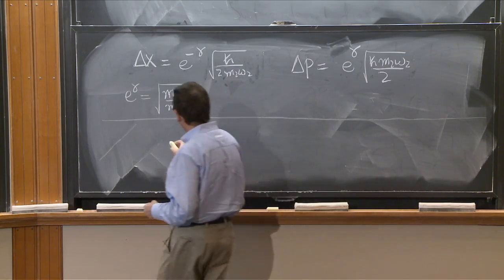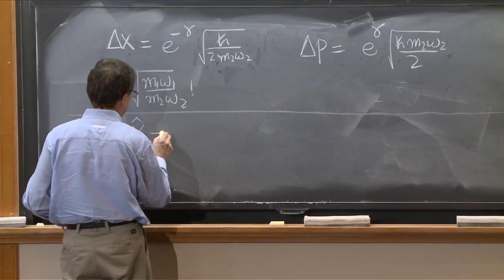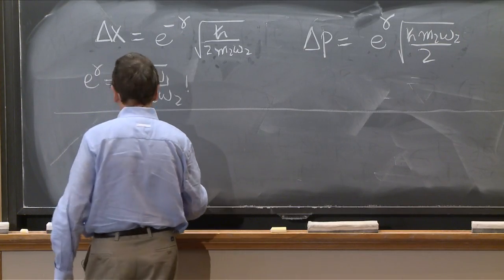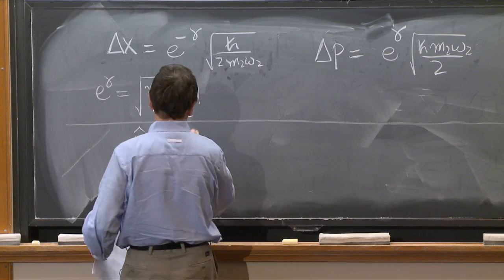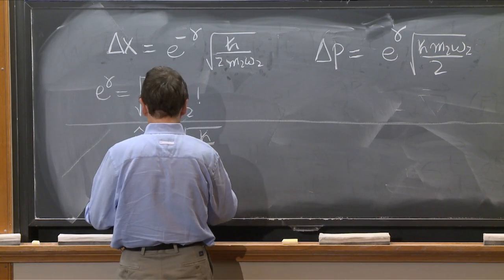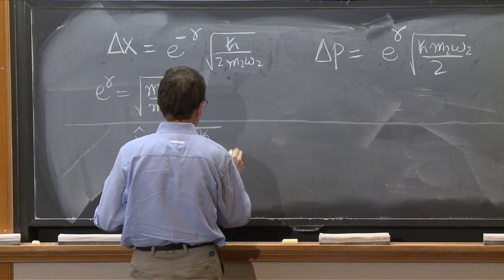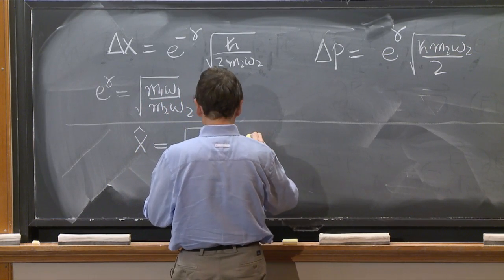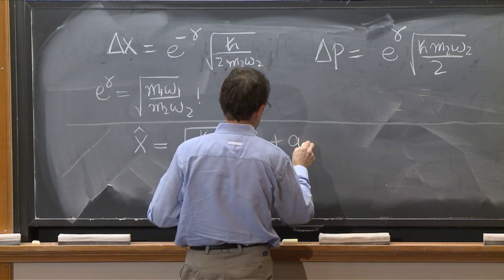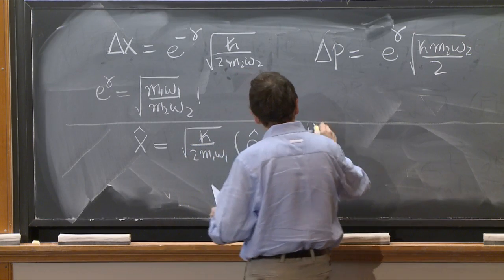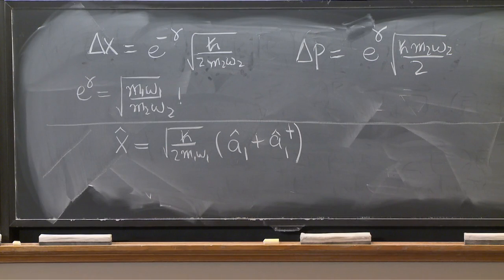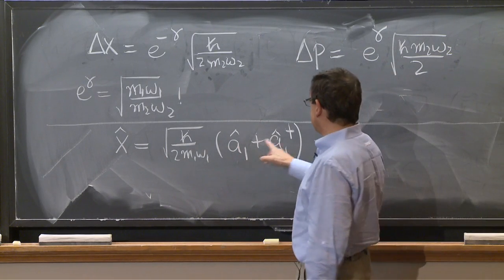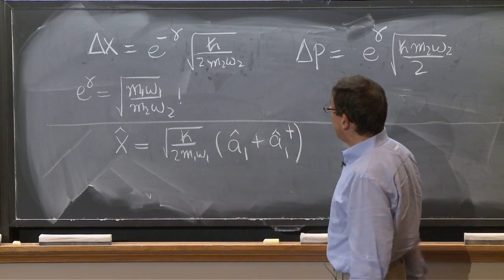So if I have x, the x operator, which is equal to this formula, h bar over 2 m1 omega 1 (a1 dagger plus a1) like this, from the first Hamiltonian, x's are related to a1s and a1 daggers.